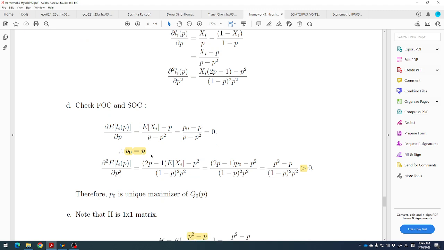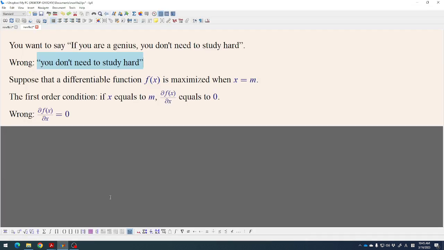Here, good job, just a minor thing. We usually write p equals p0 not this way, because p can take multiple values. We usually say x equals m. So x can vary, but among many possible values, it is specifically equal to m.